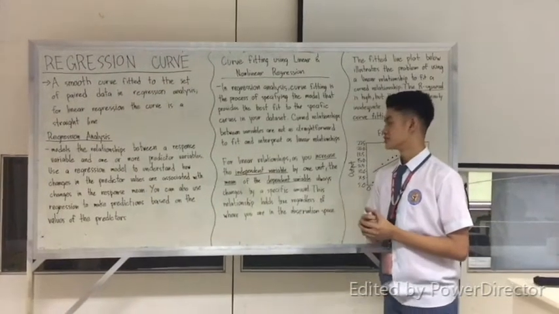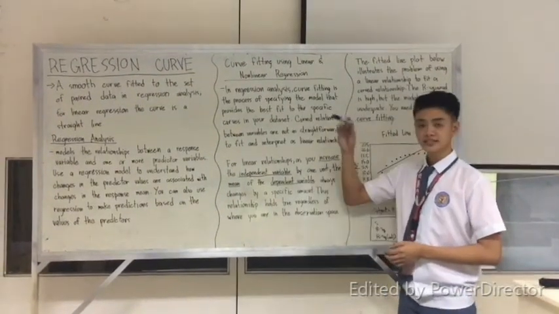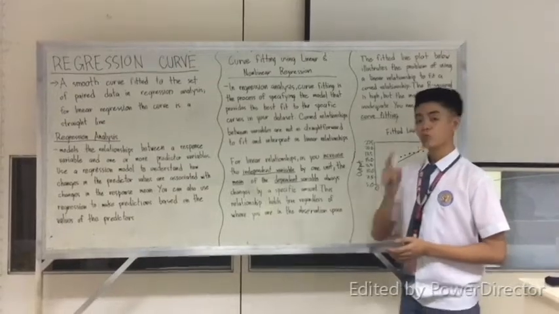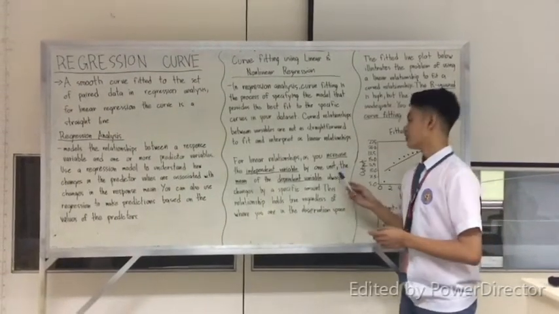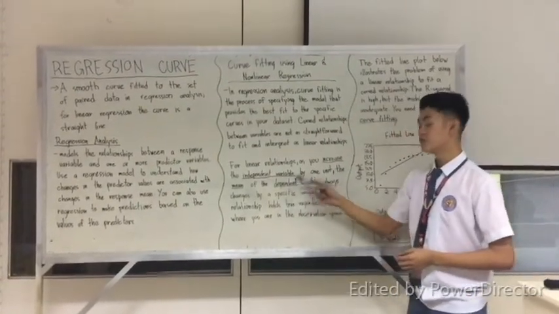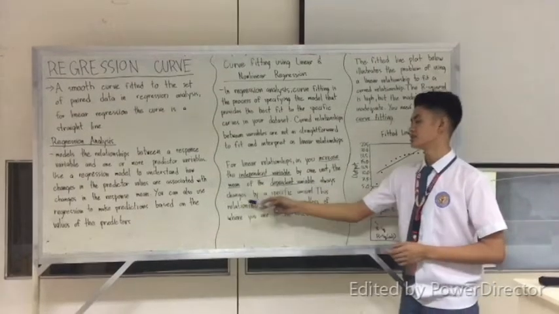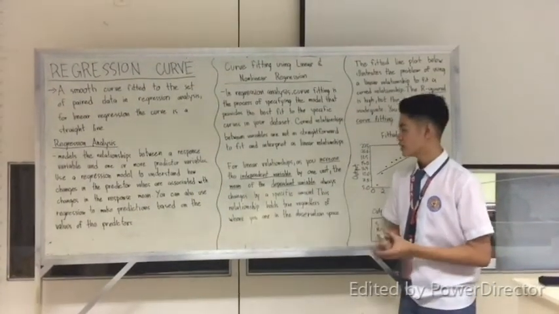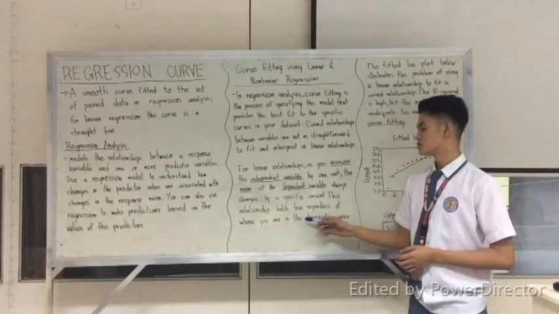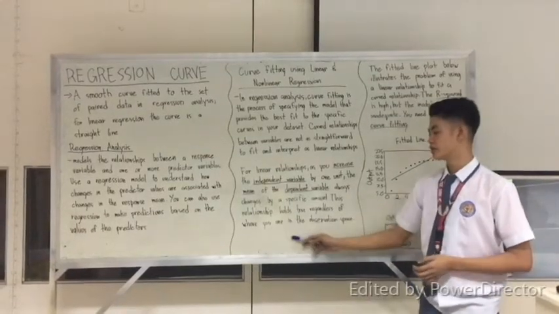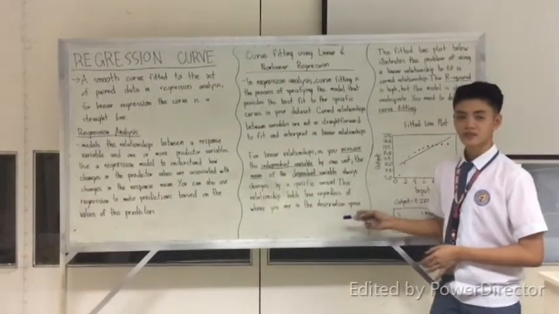For linear relationships, as you increase the independent variable by one unit, the mean of the dependent variable always changes by a specific amount. This relationship holds regardless of where you are in the observation space.